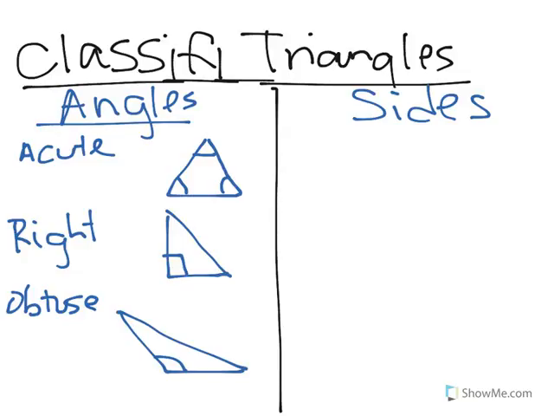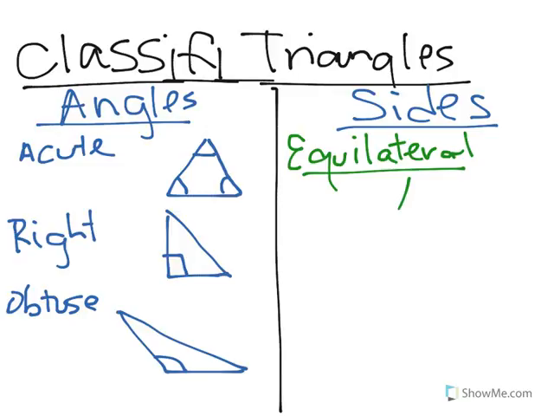Now we need to talk about sides, okay? One of them, you can have a triangle that has all the sides equal. We call that an equilateral. Equilateral. Okay, that's where all the sides are the same length.